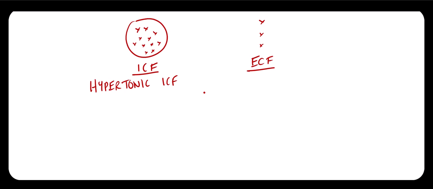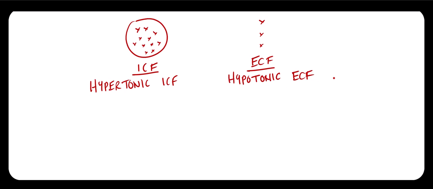When I go to the extracellular fluid, I have not enough ions with respect to the intracellular fluid. So I have a hypo, not enough, tonic ions in the extracellular fluid. So I'm saying exactly the same thing. When comparing them to each other, I have too many ions in the intracellular fluid, or I don't have enough ions in the extracellular fluid.